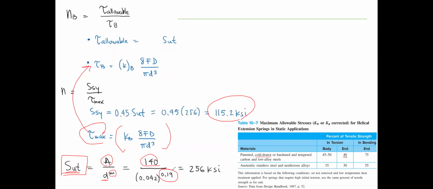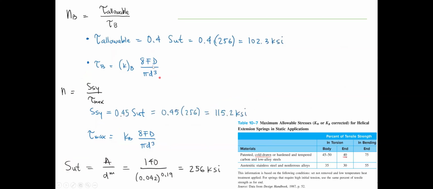Therefore, we know the SUT is 255, and we can plug this number here to estimate what the SSY is. Also, we can calculate the allowable shear stress, 0.5 times SUT. It's about 102.3 KSI.